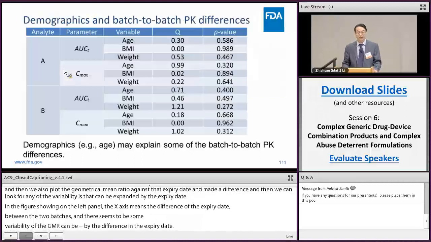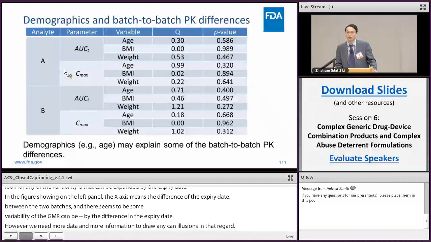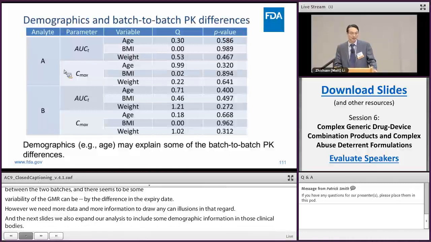In the next slides, we also expand our analysis to include some demographic information in those clinical studies. Those demographic informations include the age, body mass index, and weight. And we look at the potential correlations among the demographic informations and the geometrical mean ratio of 2 batches.